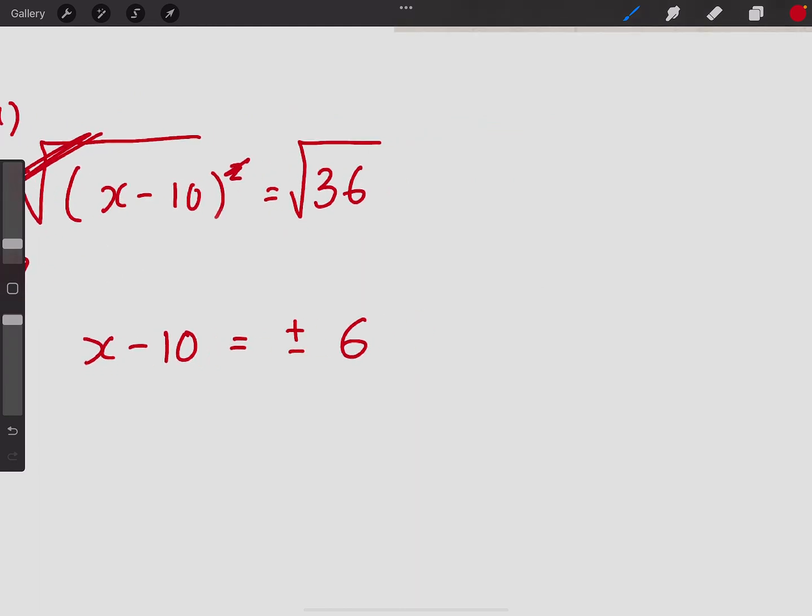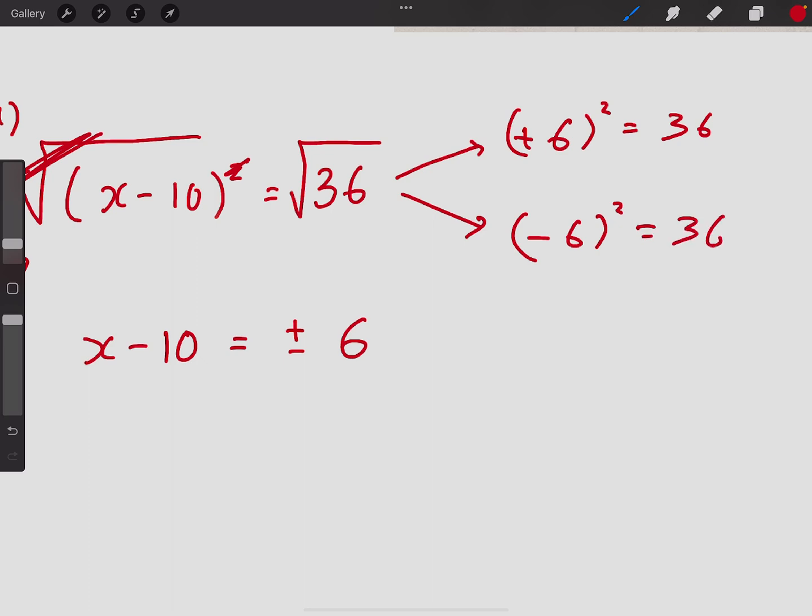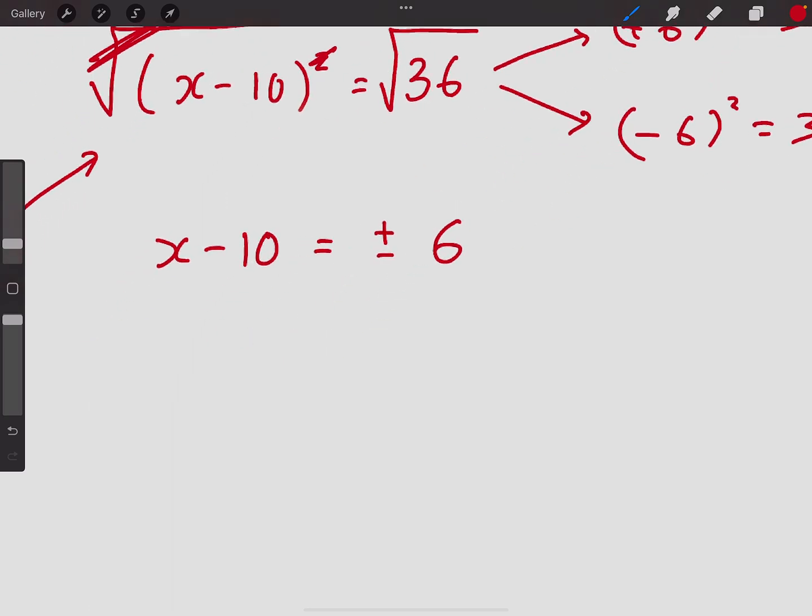When you square root a positive whole number, you're going to get two values. You're going to get the positive 6 and you're going to get negative 6, because if you square this you'll get 36. If you square this you'll also get 36.